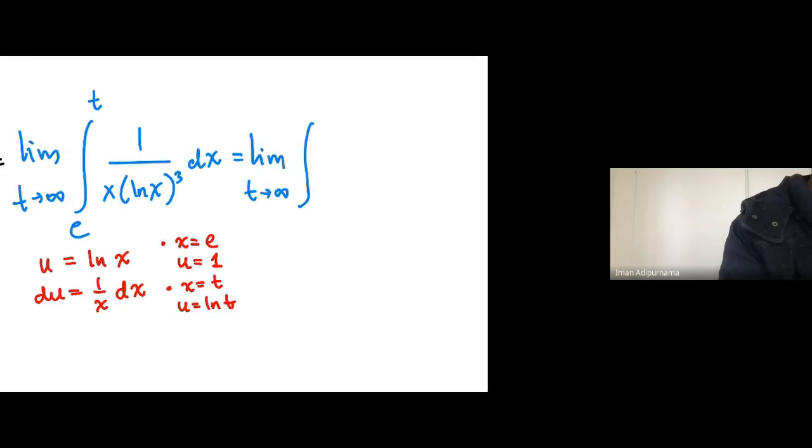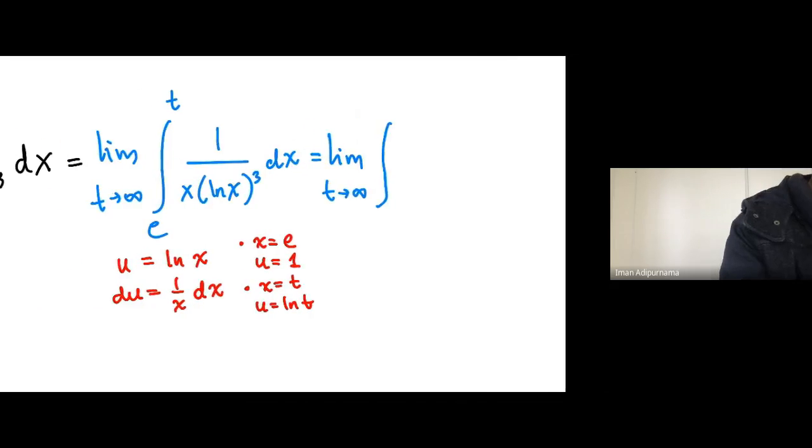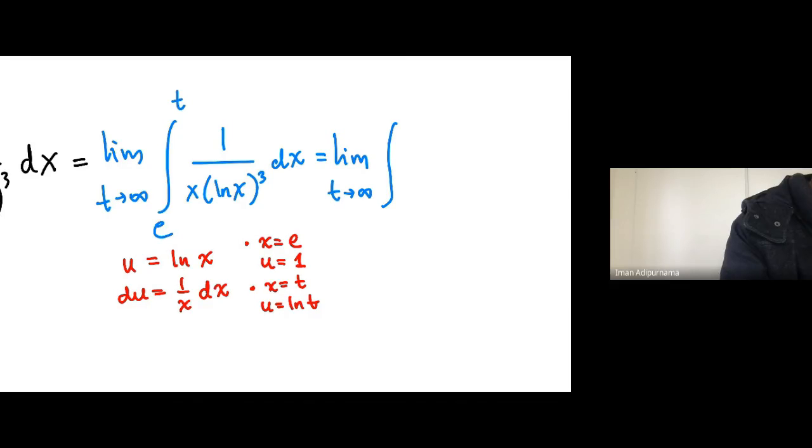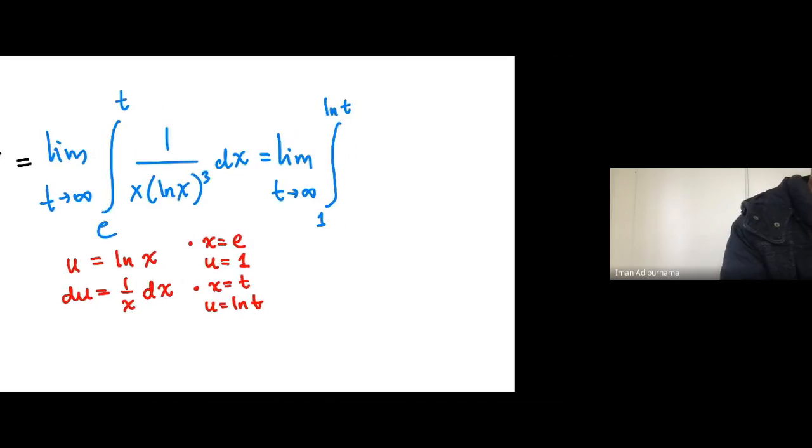And then you need to change the limits of integration. So from e to t becomes 1 to ln t, and then this will be 1 over u cubed du.